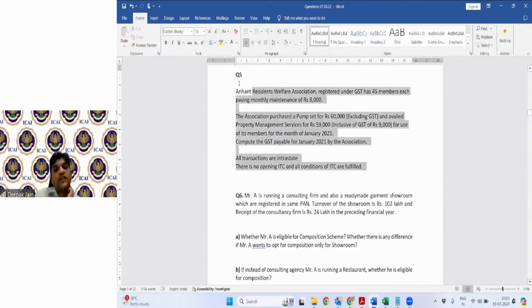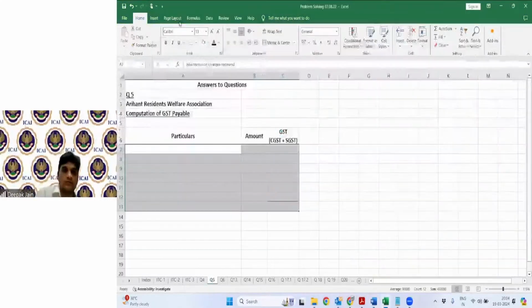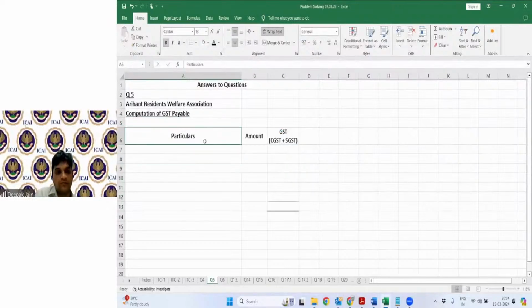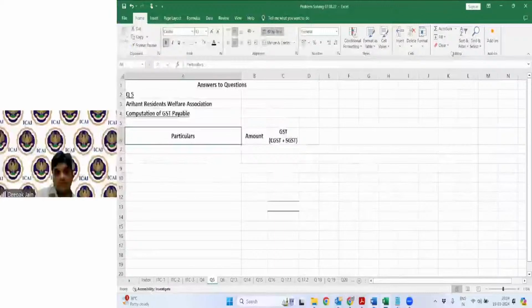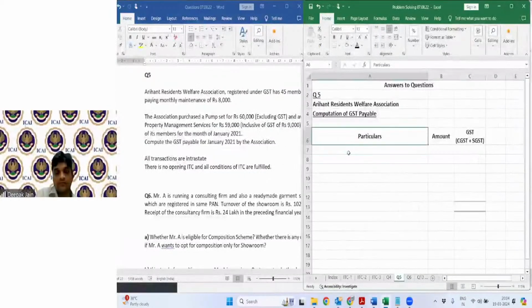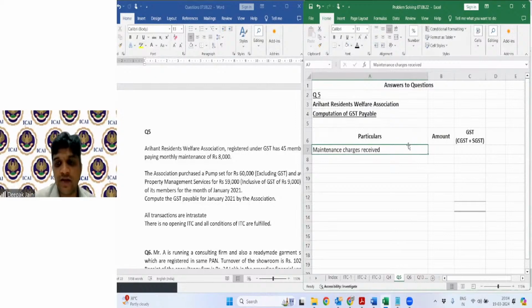So in this question of a Residents Welfare Association, how will you do the calculation? Very simple question. What is the maintenance charge which is received? 8,000 rupees, right?